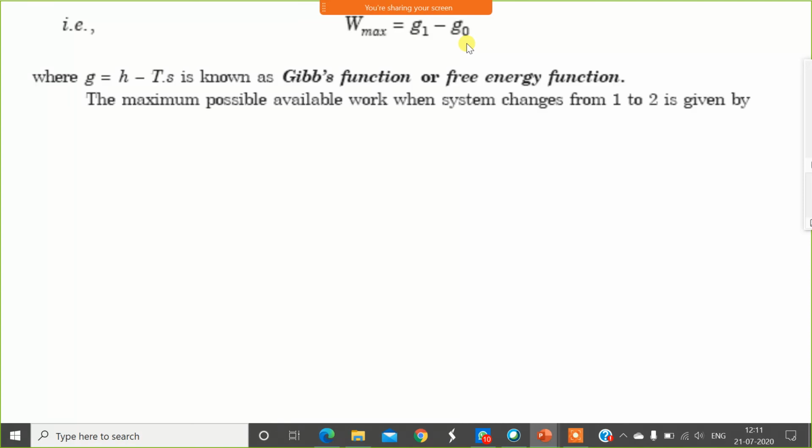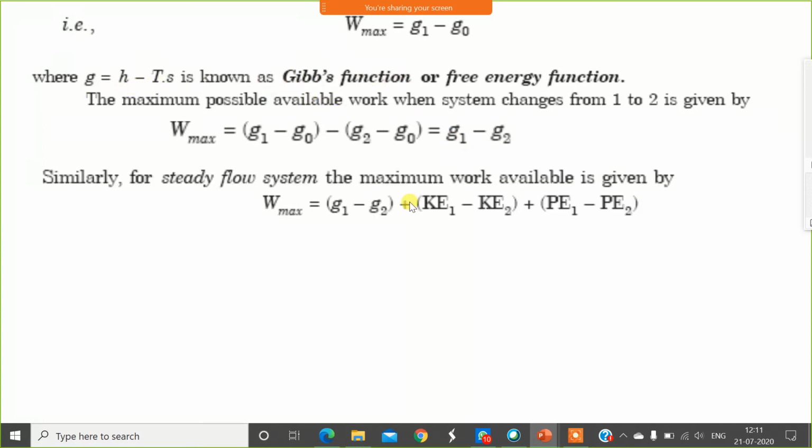We can write it as G1 minus G0 minus (G2 minus G0). Here G0 gets cancelled and it will be G1 minus G2, and G is equal to H minus TS, the Gibbs function.